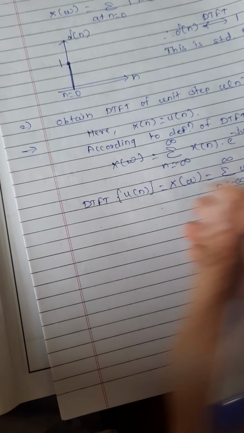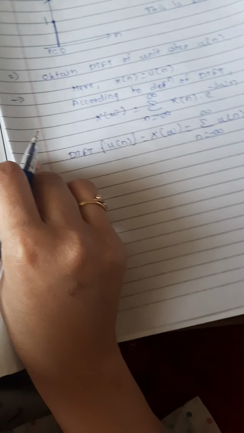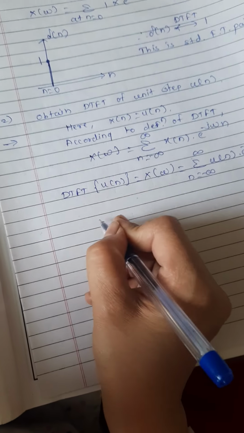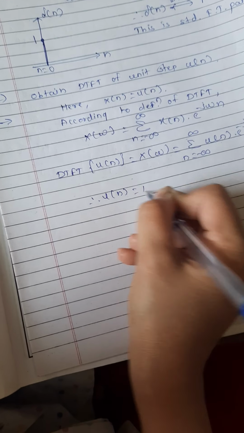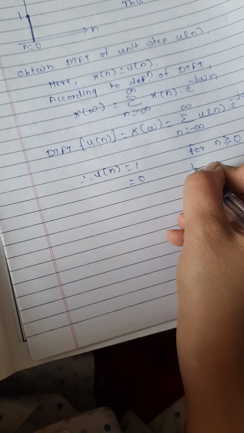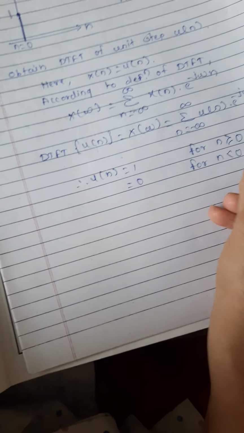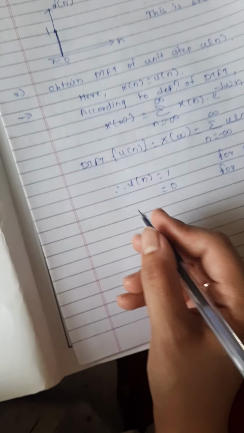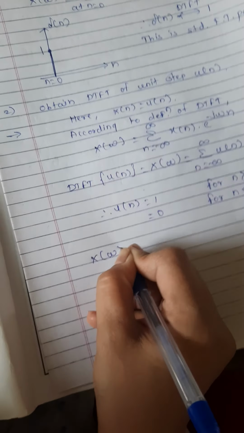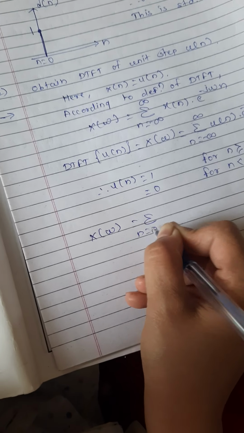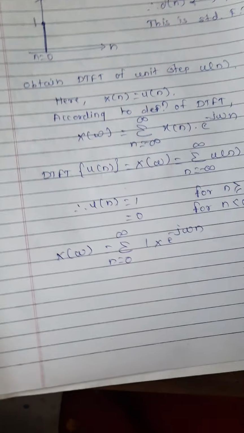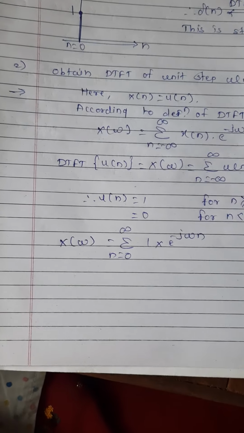This is equation number 1. But we know that u(n) exists only for the positive values. Therefore u(n) is equal to 1 for n greater than or equal to 0, and this value is 0 for n less than 0. So we can write the limits of summation from n is equal to 0 to infinity. So the equation becomes summation n is equal to 0 to infinity 1 into e raised to minus j omega n.